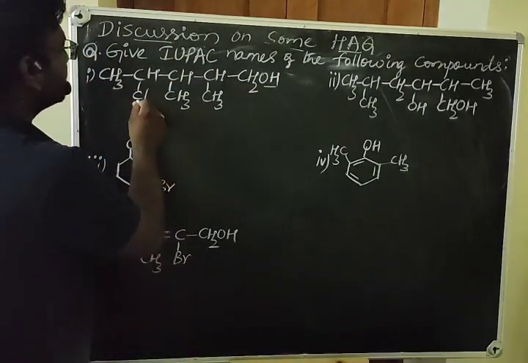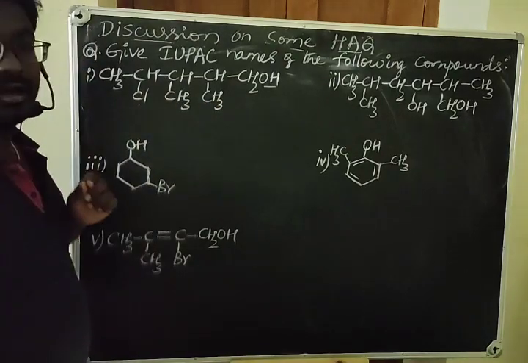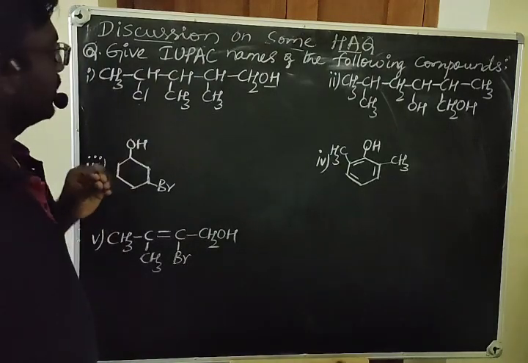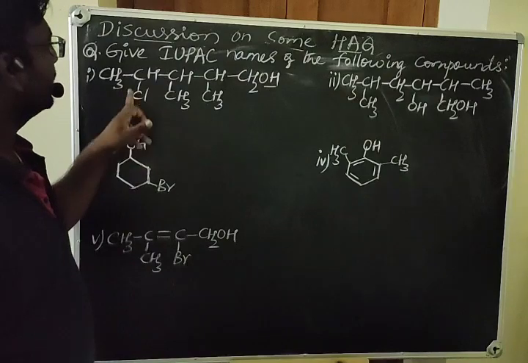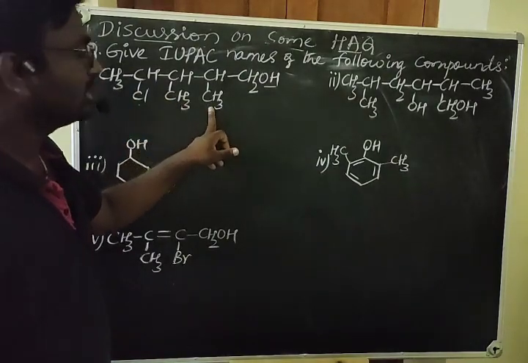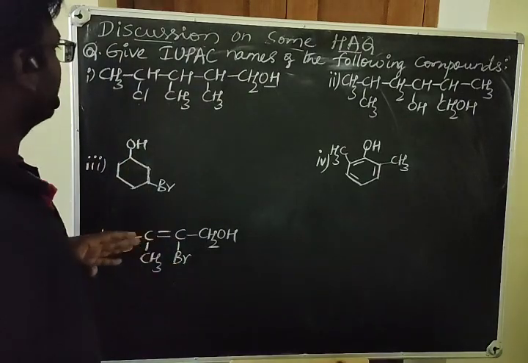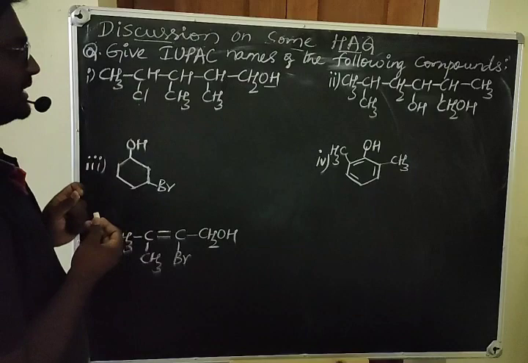Cl, CH3, CH3 are the substituent groups. The functional group is OH; the chlorine and the methyl groups are just substituent groups.